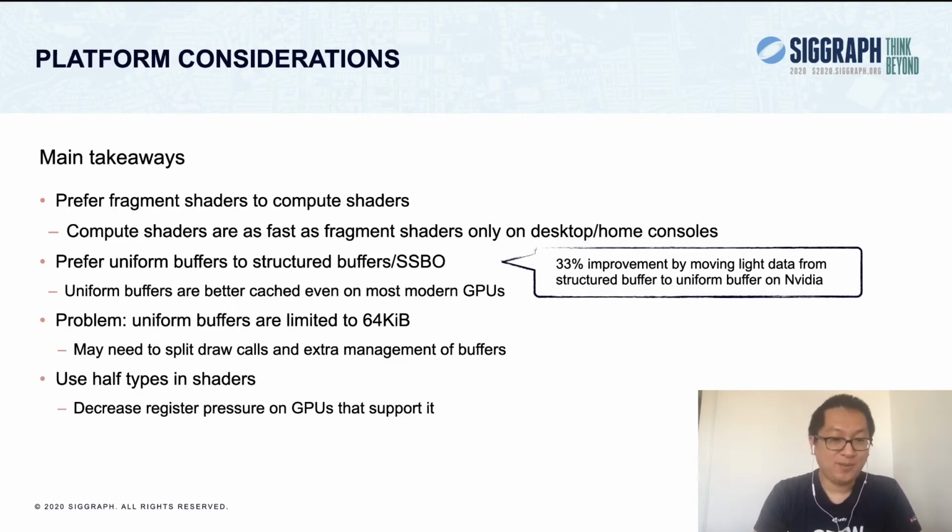Our main takeaway when we implemented the deferred renderer in URP is to prefer fragment shaders to compute shaders. Compute shaders are as fast as fragment shaders, but only on desktop and home consoles. There are a lot of platforms where they might more easily run slower than fragment shaders.